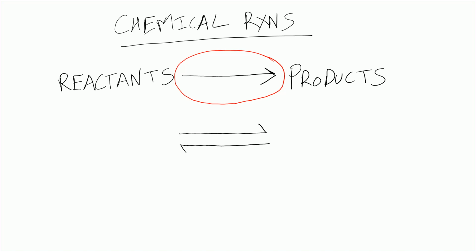Now, however, across the various biochemical reactions that you come across, you will notice that they are reversible reactions. What that means is that in the same way that the reactants are forming a product, the opposite is also happening. The product can break down or disintegrate into the reactants as well.